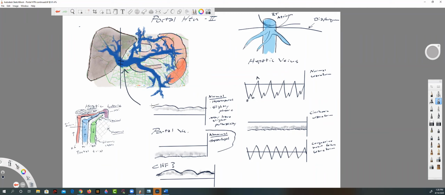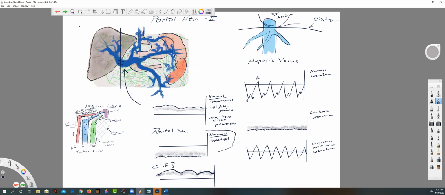In other words, when you breathe, you can do that. On top of being slightly phasic, it can be slightly pulsatile. As long as it's not overly pulsatile, that's okay. So that's hepatopedal forward flow in the portal vein.